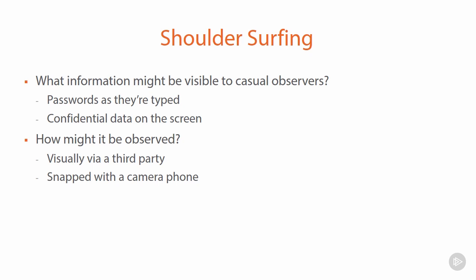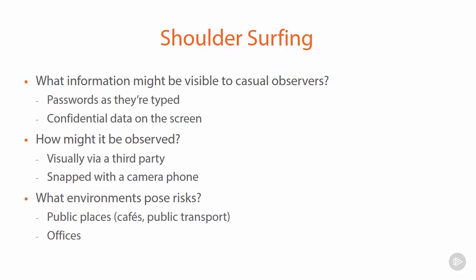Now, in terms of places at risk, obviously public places are going to be high risk. So a lot of people like to work at cafes. That's got a lot of people walking through it who could be observing a screen. We just looked at public transport, trains, buses, places where there's a high density of people. Even airplanes where you're sitting for a long period of time, possibly working away.